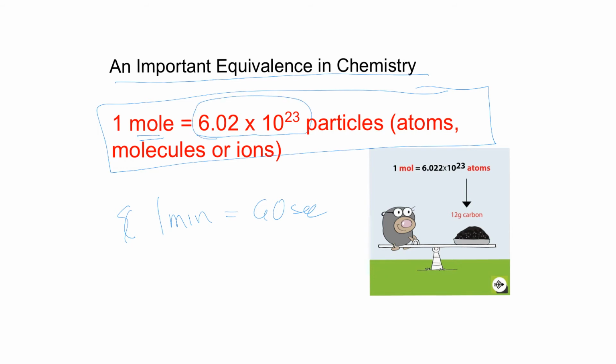Okay, 1 mole is equal to 6.02 times 10 to the 23 things. And the things that we're counting in chemistry are usually atoms, molecules, or ions. So even though I'm going to teach you a lot more about a mole and what a mole is, right now you don't even need to know that. Because hey, if it's an equivalence, you can do a factor label problem with it. As long as you know something is equal to something, you can factor label.